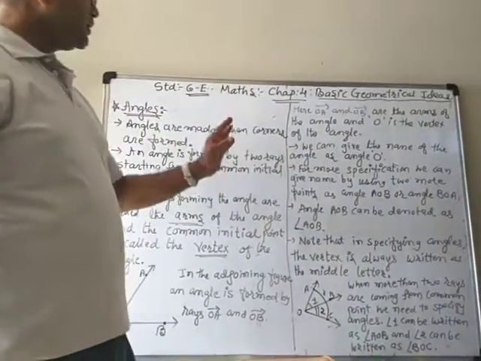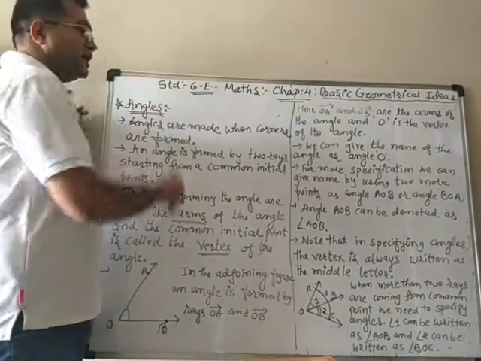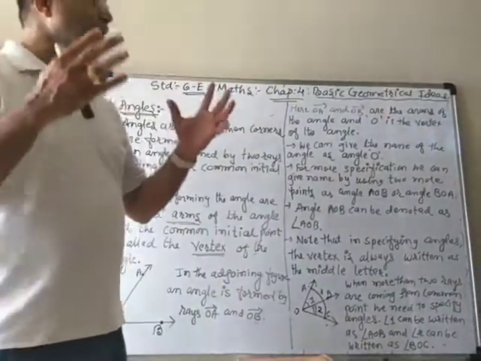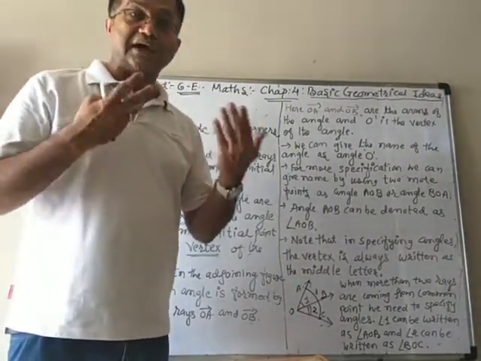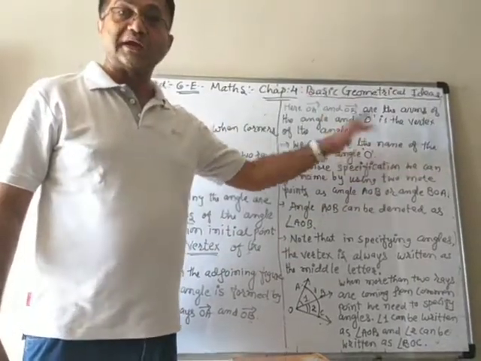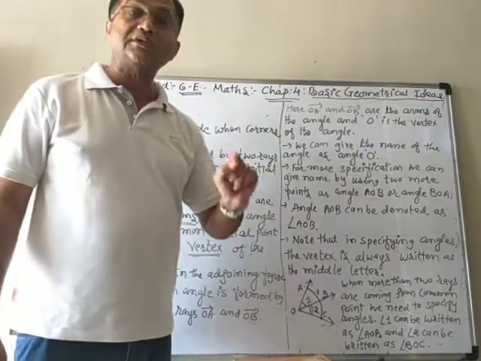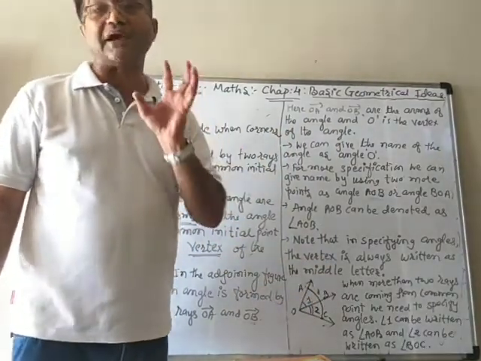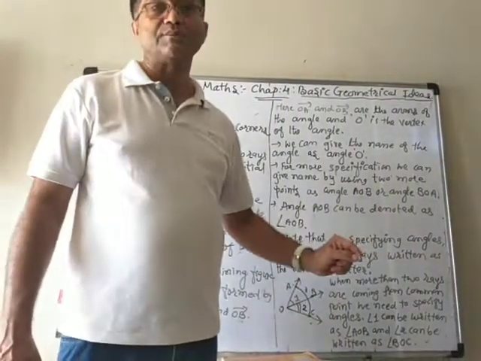So I hope the idea of angles is clear in your mind: where angles are formed, how angles are formed, what the arms of the angles are, what the vertex is, and how to give the name, especially when more than one angle is formed at the same point.